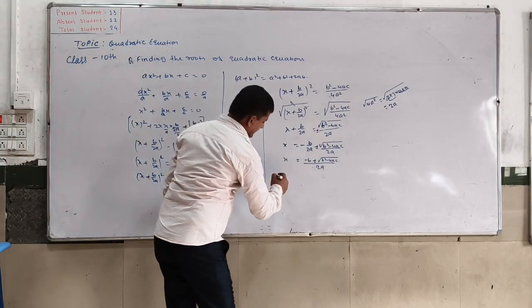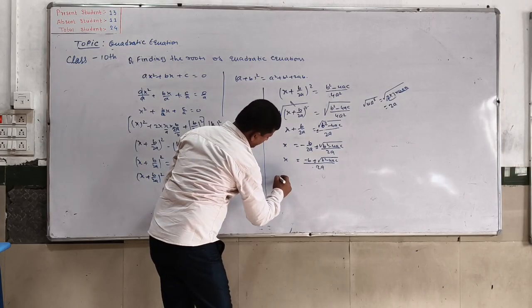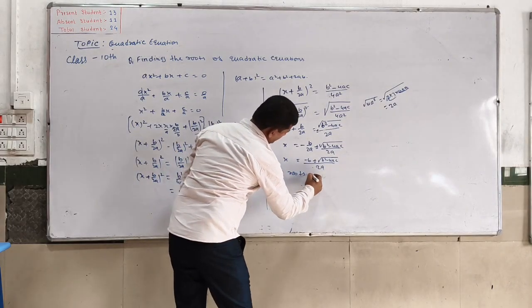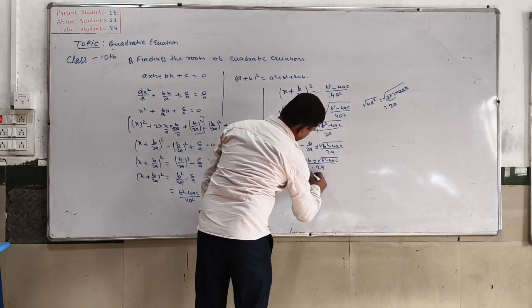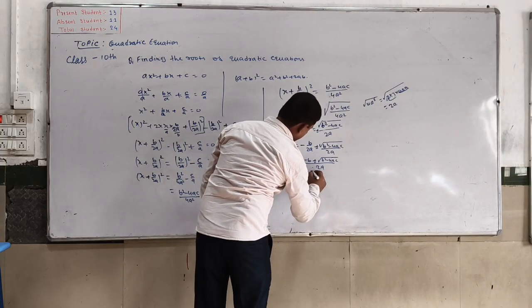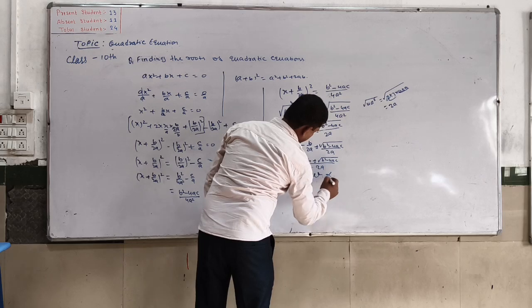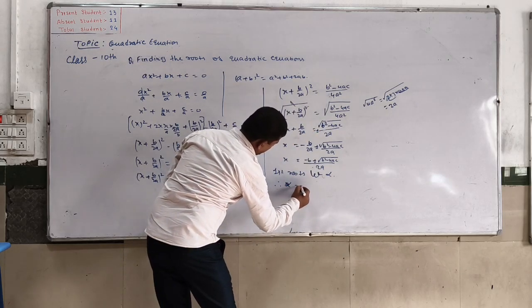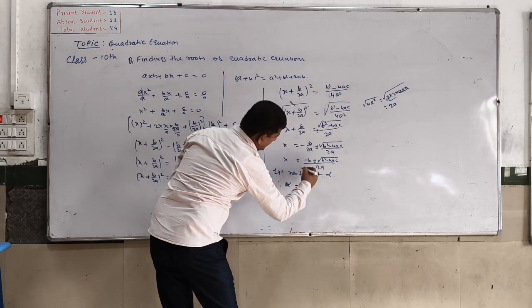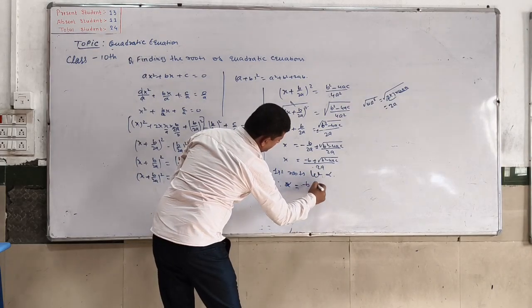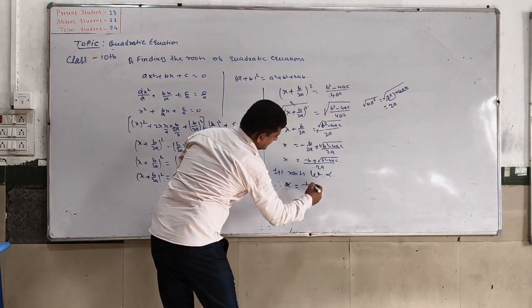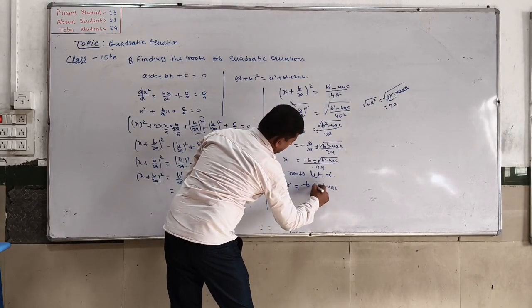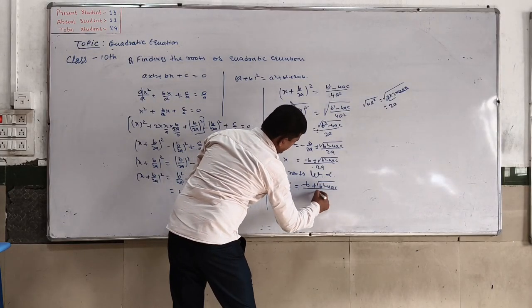We can write the first root, let it be alpha. Therefore alpha is equal to the plus value: minus b plus root b square minus 4ac upon 2a.